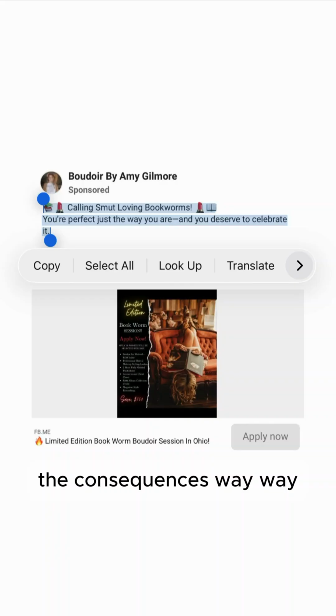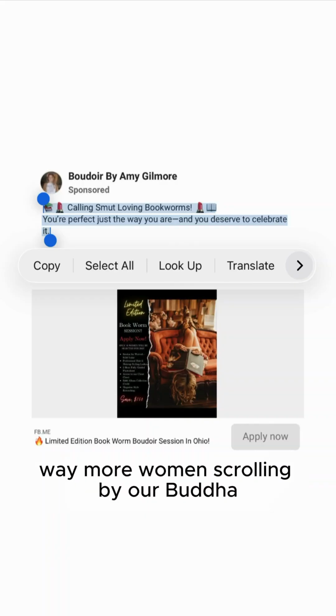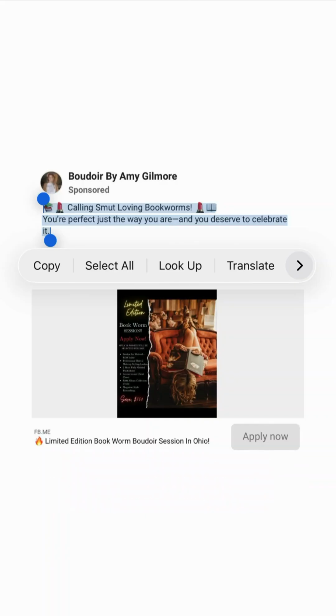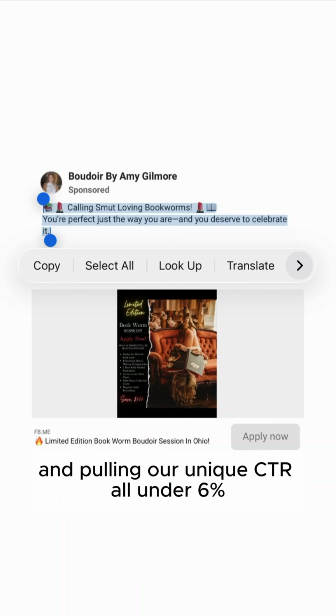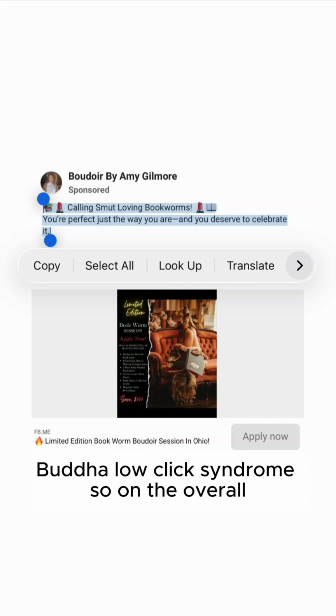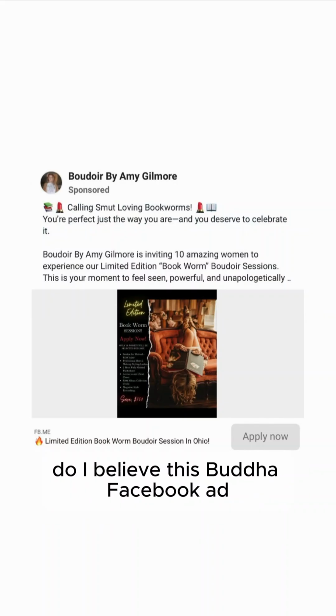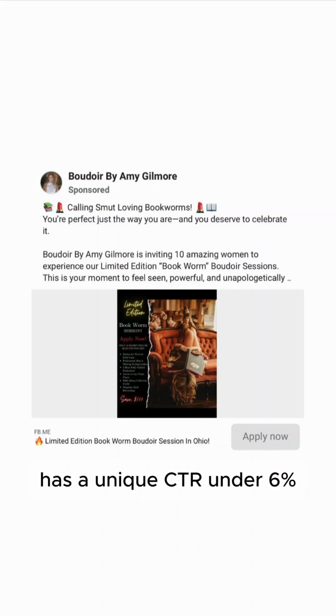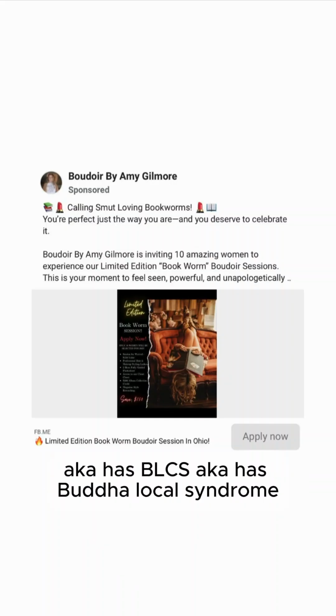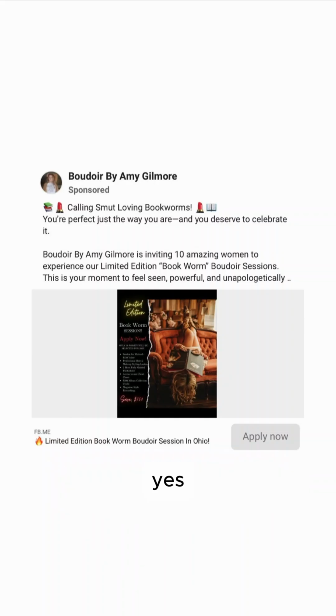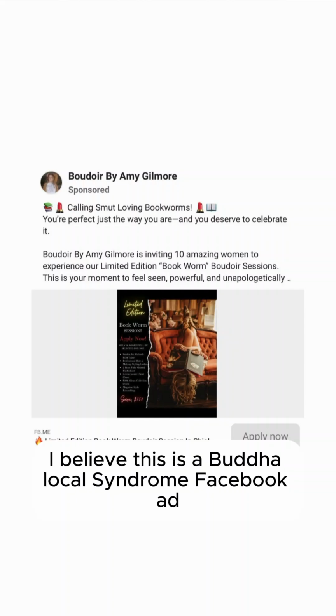The consequence is way more women scrolling by our Boudoir Facebook ads than necessary, pulling our unique CTR under 6%, contributing to BLCS. So overall, do I believe this Boudoir Facebook ad has a unique CTR under 6%, aka has Boudoir low click syndrome? Yes, I believe this is a Boudoir low click syndrome Facebook ad.